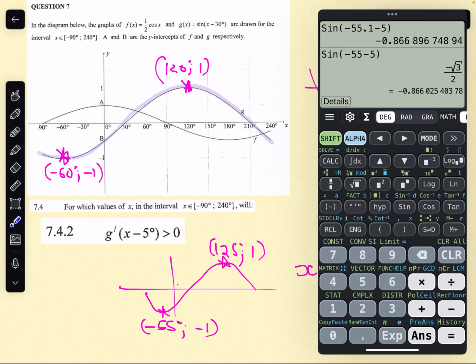Okay, so that means, I think I'm making this very complicated, but basically visually what we have is at minus 55.1 we got a more negative value, and for minus 55 we got something higher.